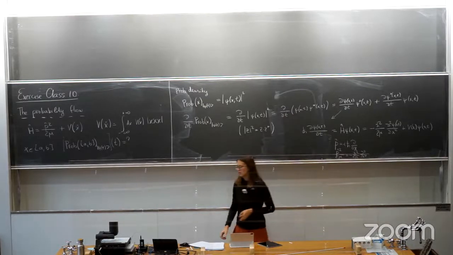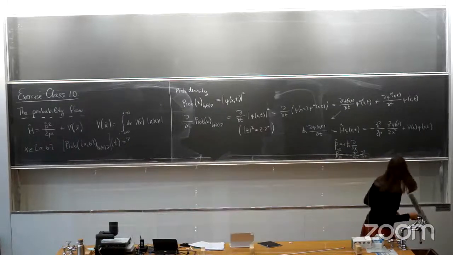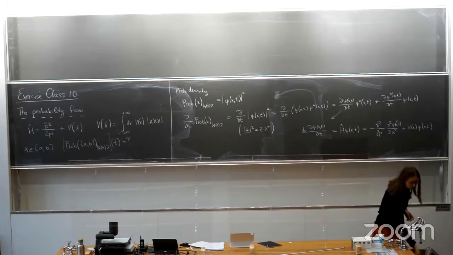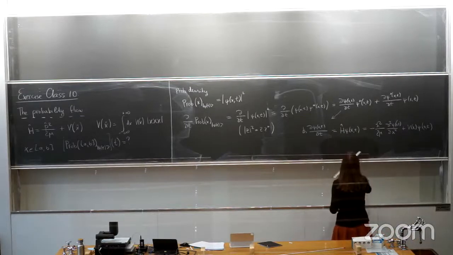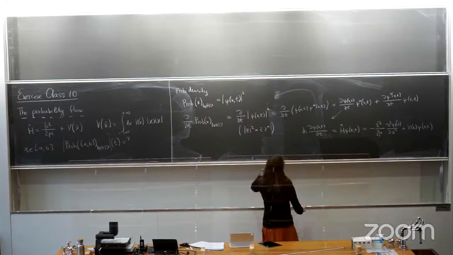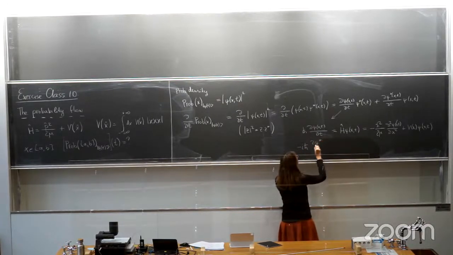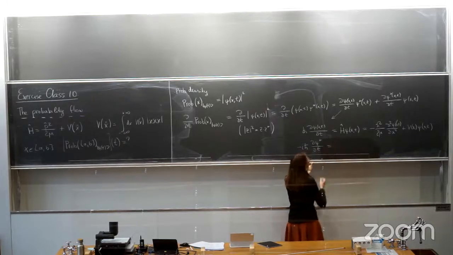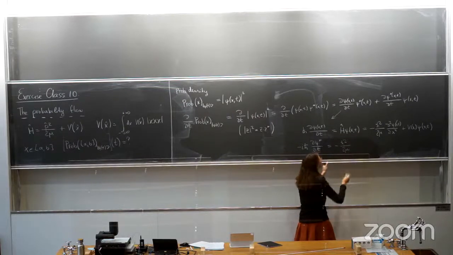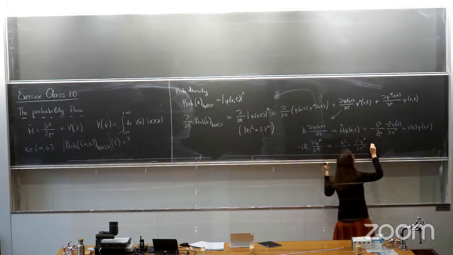So what we would get is minus iħ dψ star/dt equals minus ħ squared over 2μ d2ψ star/dx squared plus V(x)ψ star.